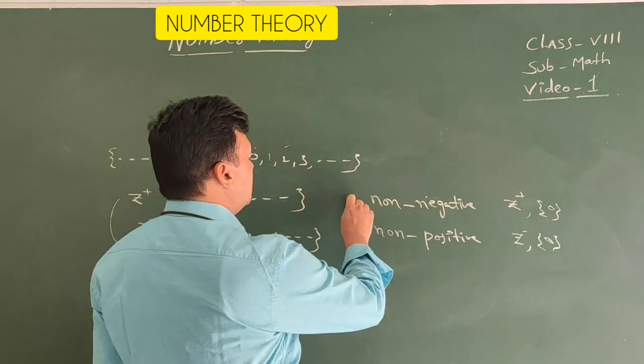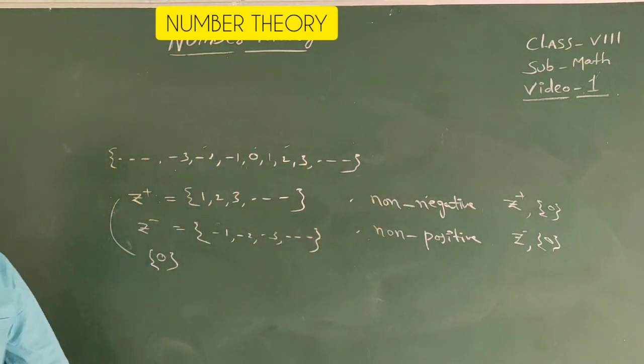Non-positive means except positive. 0 is neither positive nor negative, that's why it does not belong to either. Now the intersection part of non-negative and non-positive, they ask me, is 0.